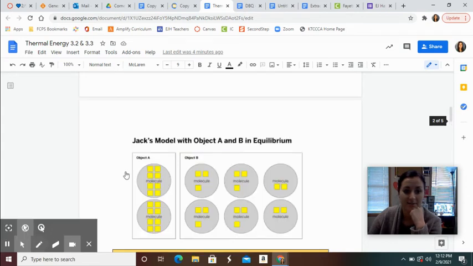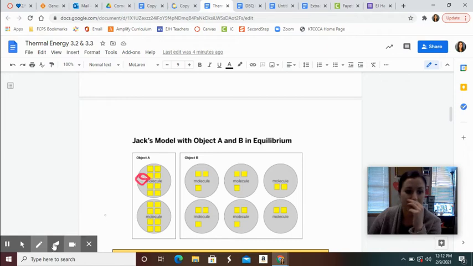And so looking at this, I'm going to draw on it. I see that this one has 8. I'm going to do my 8 like this. And that one has 8.